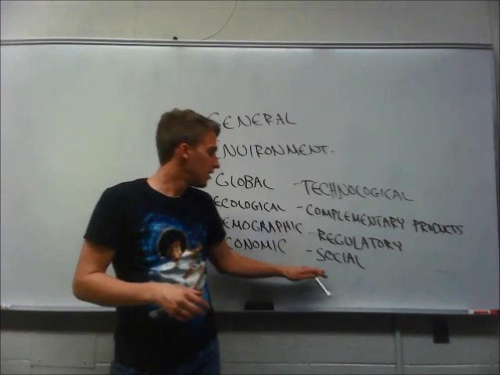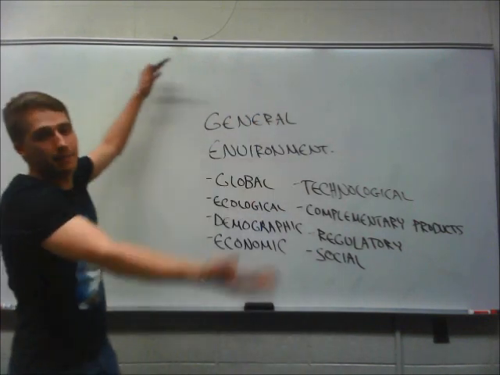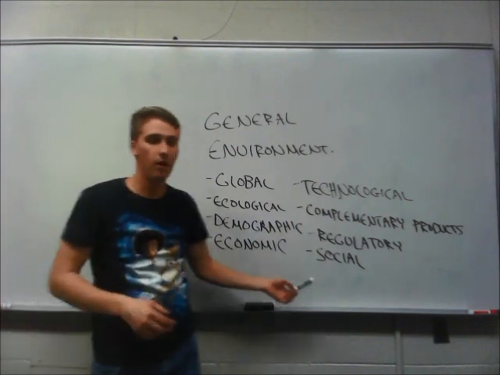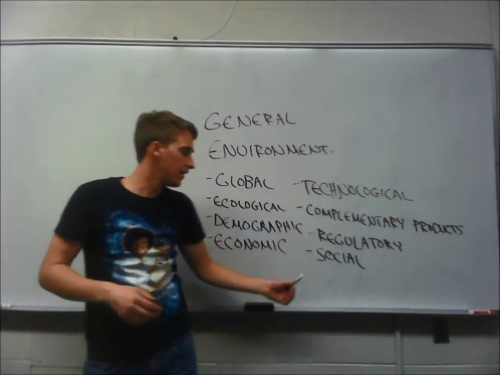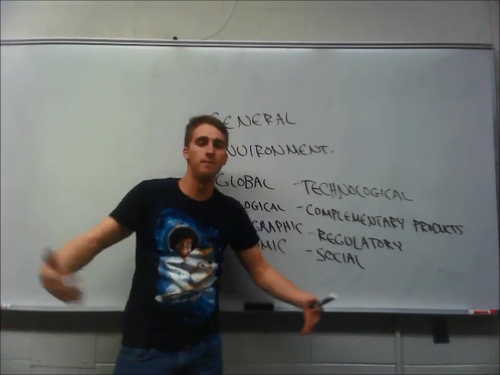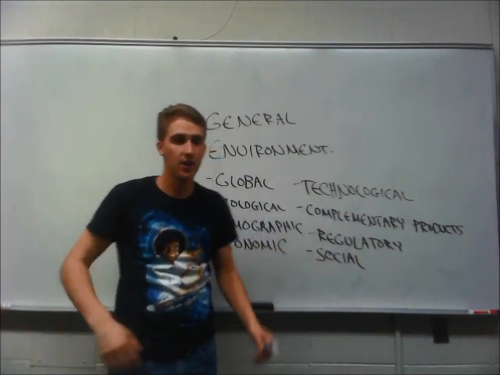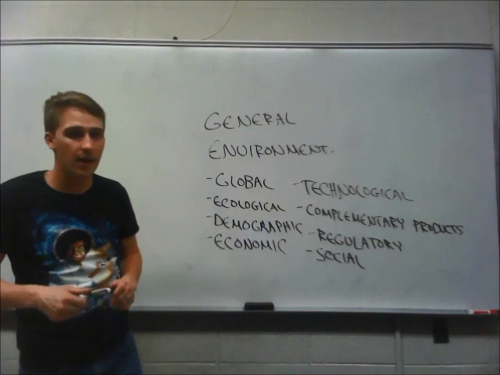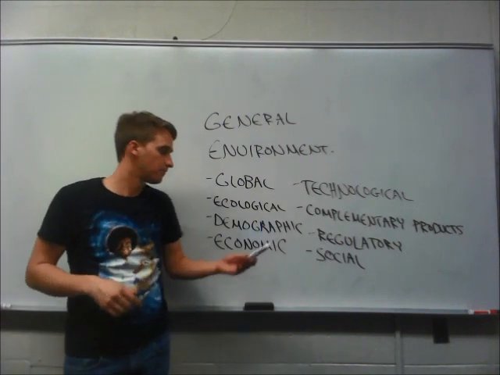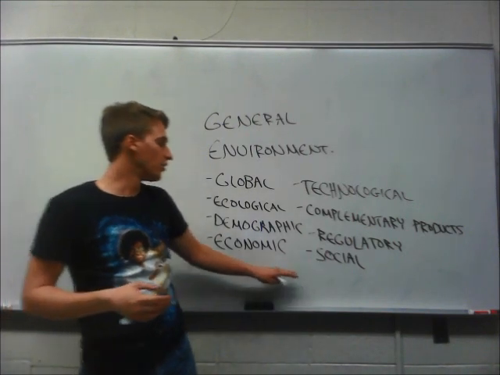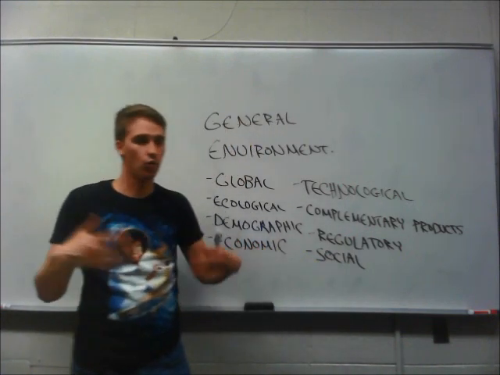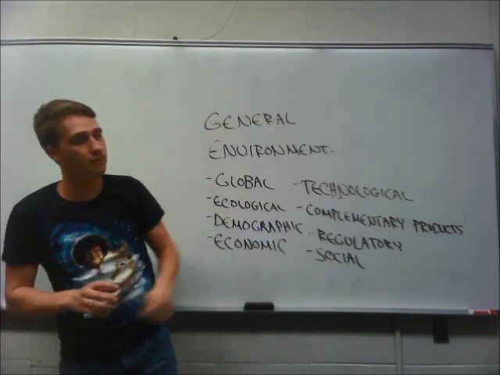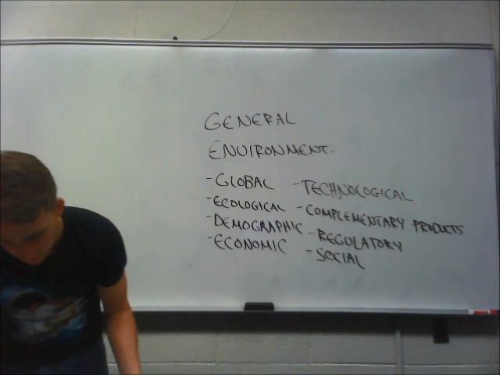Anyway, we'll say for the whole baby market, if people aren't as interested in having babies suddenly, the social effects have changed, then that's going to affect the whole market. People are going to be less interested in buying that product. Anyway, that wasn't a great example, but you can see how people changing what they find important would affect the whole environment. So let me see if I missed anything.